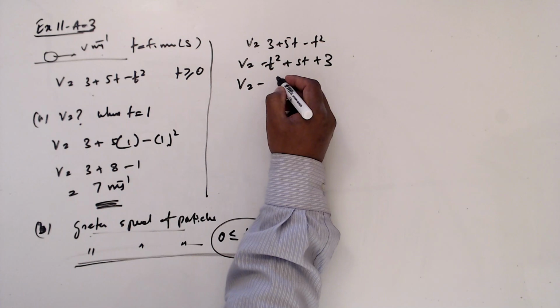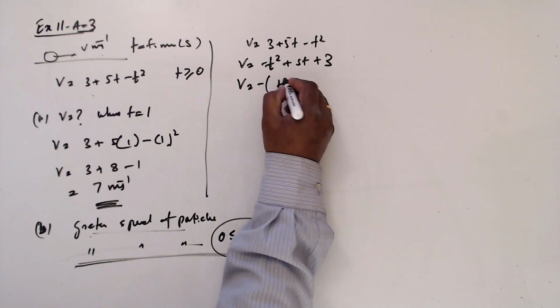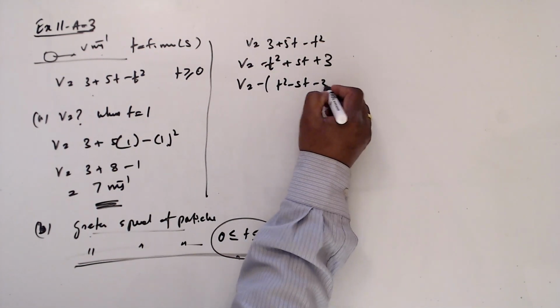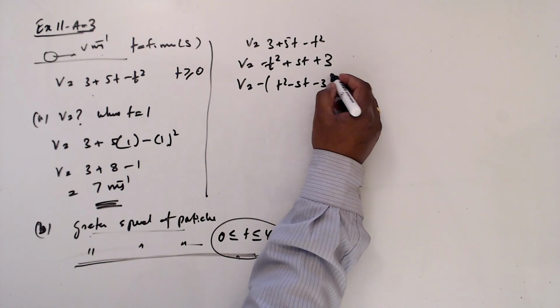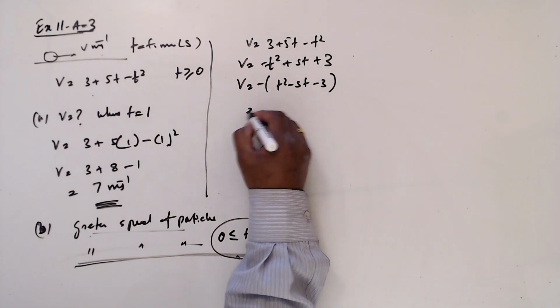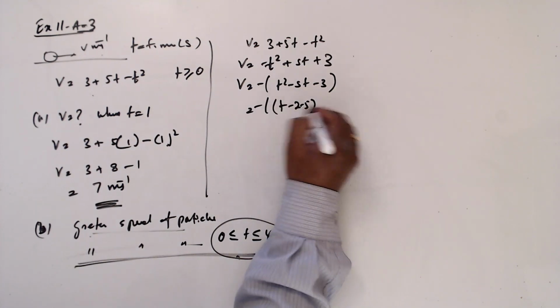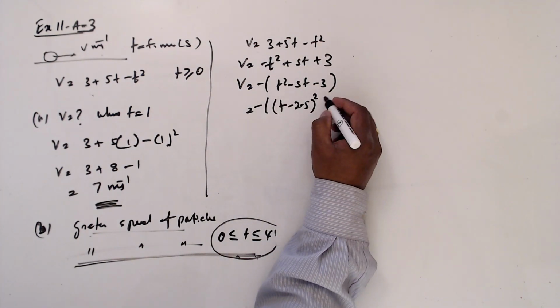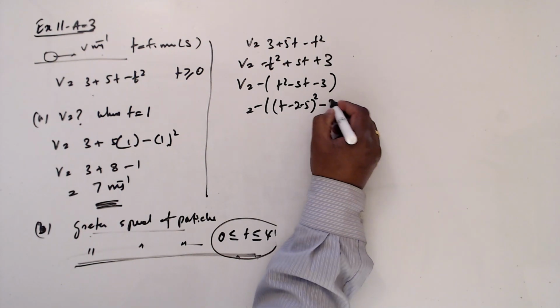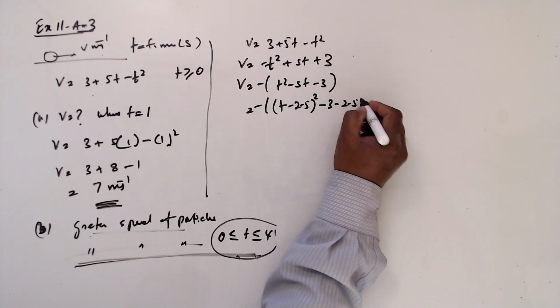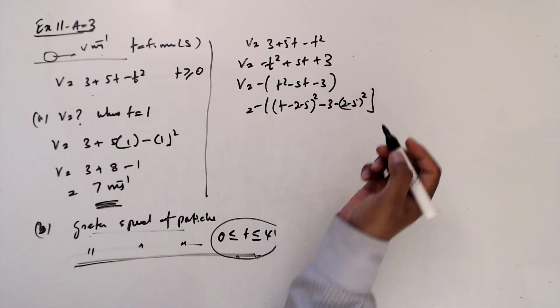So I'll take the minus out: t squared minus 5t minus 3. Then I complete the square: (t minus 2.5) squared minus 3 minus 2.5 squared.